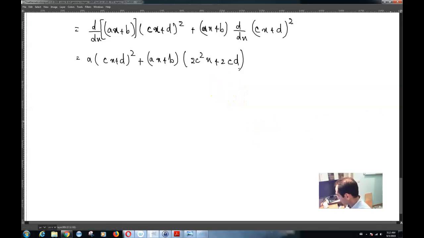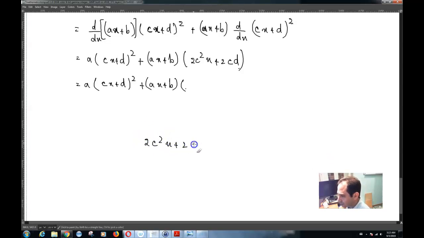So we have ax plus b times 2c times cx plus d. So you can write this as a times cx plus d whole squared plus ax plus b times 2 times c squared times x plus 2 times cd.